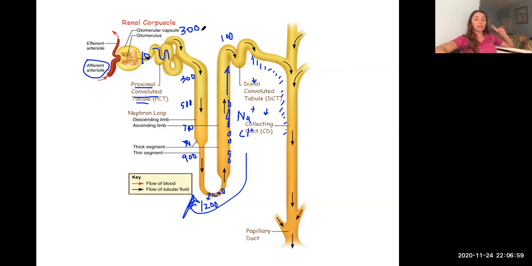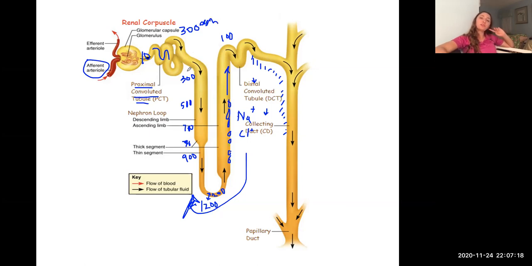It does this through the microvilli, and it really has no issue. That's why it's only 300 milliosmoles, because it's really easy.